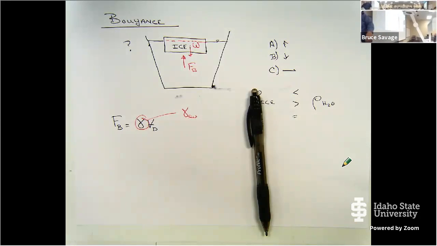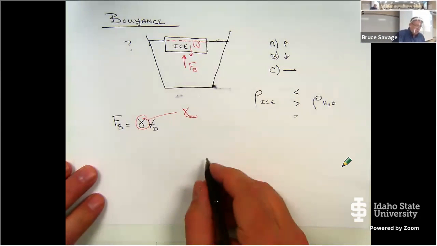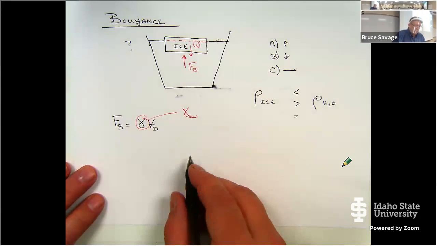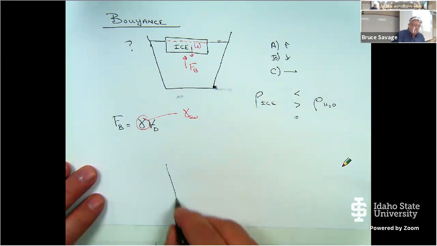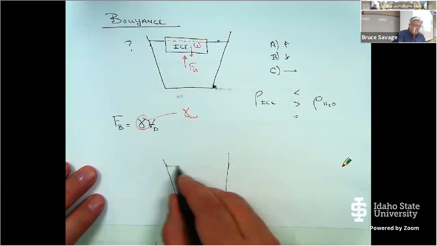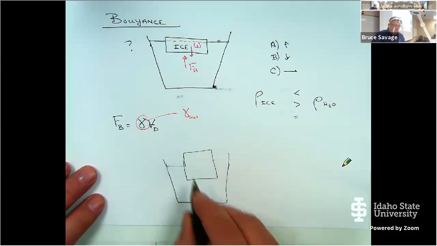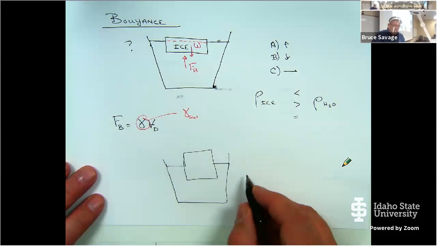So let's look at this really fast. The weight's going to be the same. So if I have something that's really, really light, somehow I froze a chunk of oil, that oil then is going to be higher up out of the water because it's less dense.